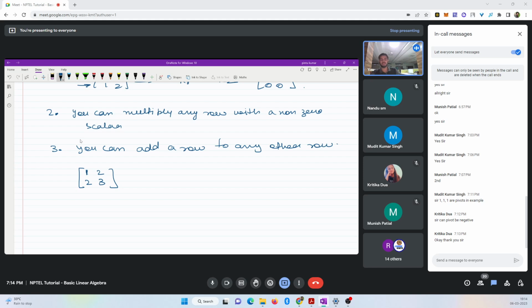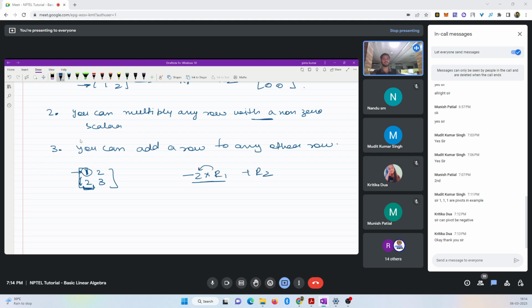Okay, now when we look at this matrix, the rule for our row echelon form is that, let's say we take this to be our pivot element, then anything below that should be 0. We want to convert this to be 0. Now, why did we write that we can multiply it with any non-zero entry? If we want to add -2 times row 1 to row 2, this is the same as multiplying row 1 with -2 first and then adding it.